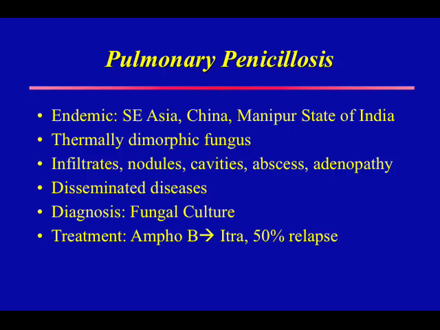And that's penicilliosis, usually from Southeast Asia, China, Manipur, any of those regions on the boards. It can cause infiltrates, nodules, cavities, adenopathy. And again, treatment, induction phase with amphotericin B, you can switch to fluconazole or itraconazole, or go purely by, at this time and age, the sensitivity profiles.